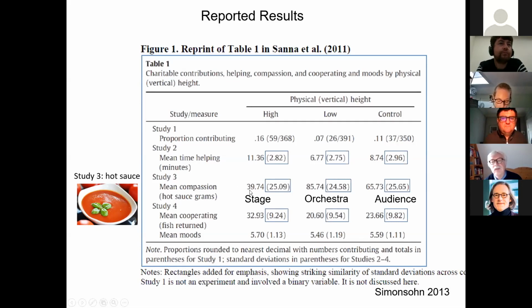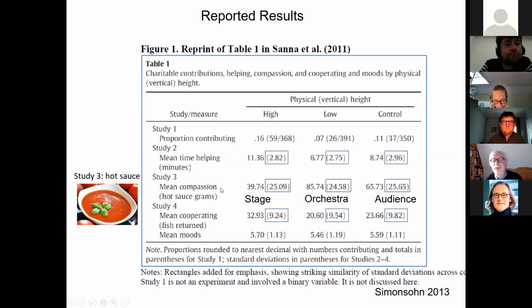So the higher you are, the more pro-social you are, wanting to save the subject, so to say, from the hot soup, and the medium value is in the control group. And for the other experiments, all the same pattern. All in accordance with the hypothesis.